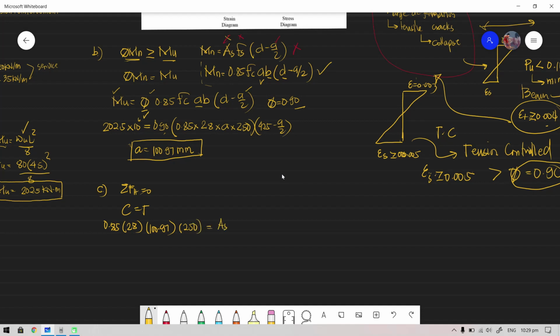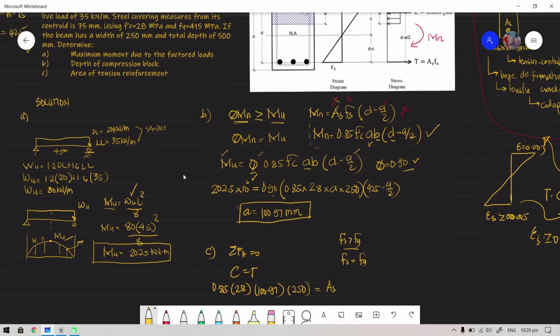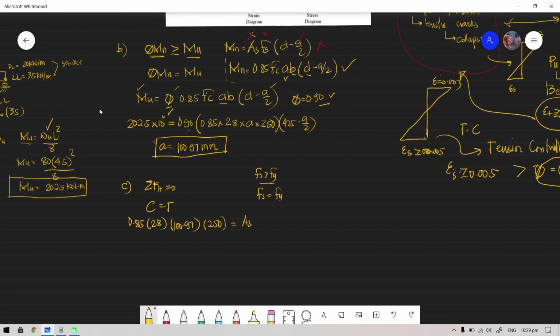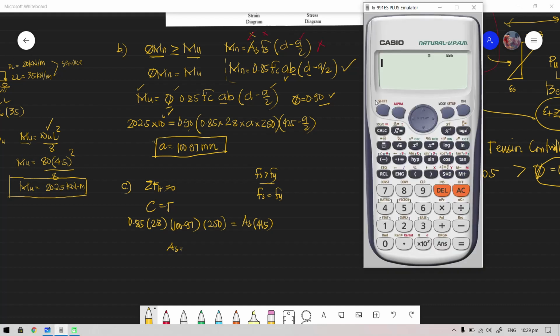Now, if we set our reduction factor to 0.9, we know that Fs will be greater than or equal to Fy. In this case, ang Fs natin is equal to Fy. So, that's why here, we're going to use yung Fy, which is, ano yung given na Fy? 415. So, we have 415 here. So, ano yung AS natin? So, AS will be 0.85 times 28.